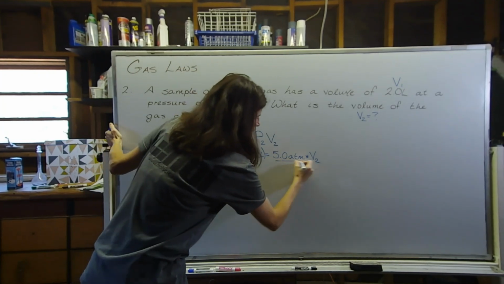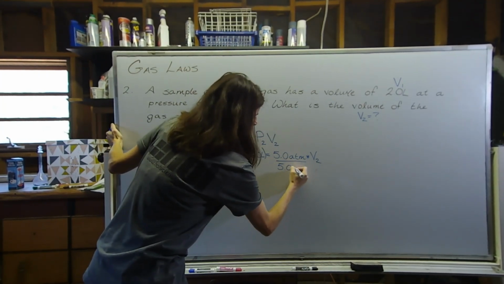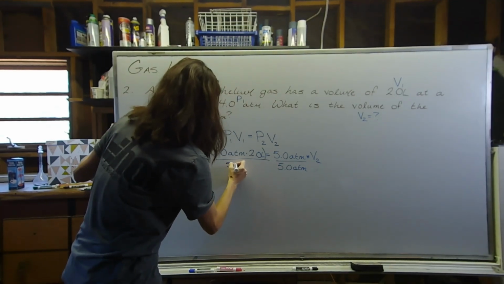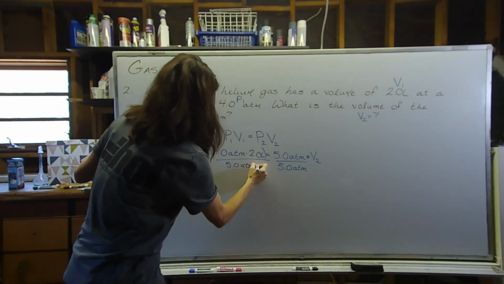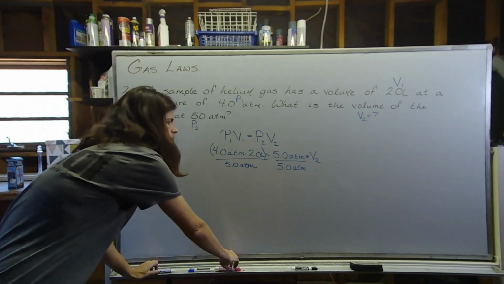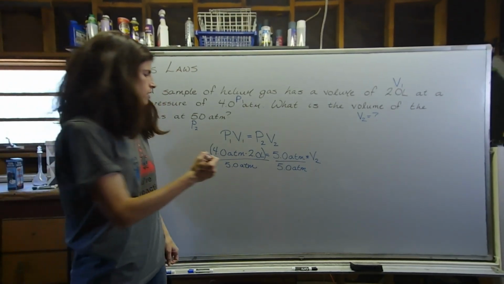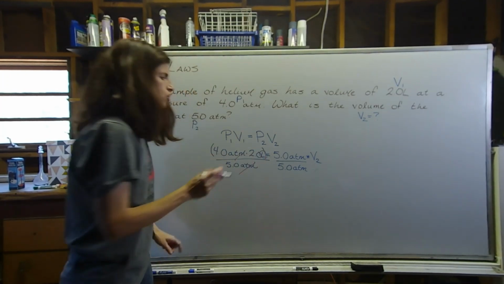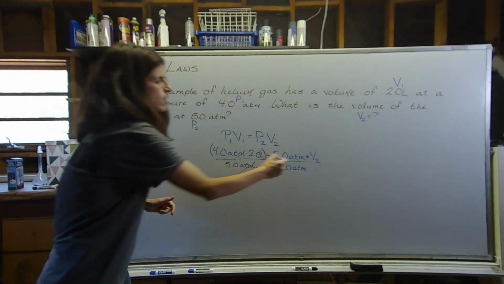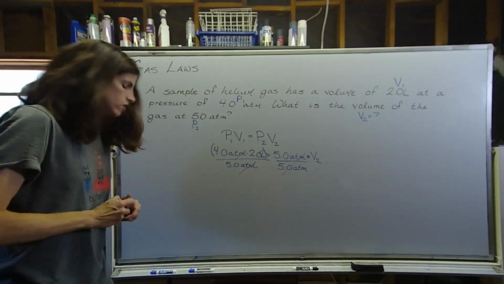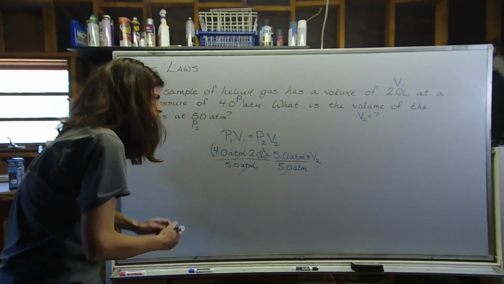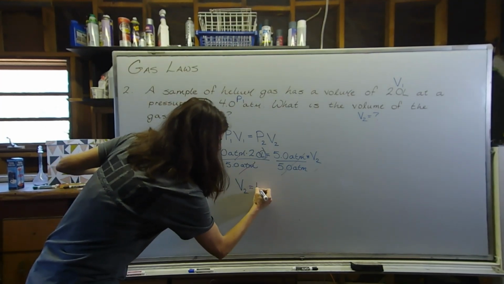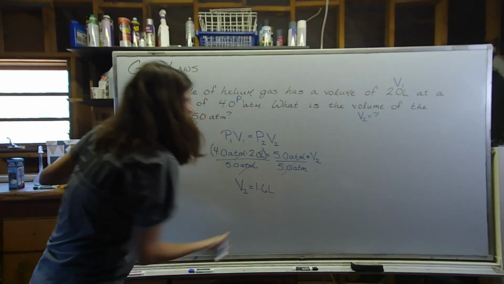And then since we're trying to isolate V2, we're going to divide each side by 5.0 atmospheres. Let's check how the units are canceling. Atmospheres will cancel with atmospheres, leaving us just with liters, which is perfect because we're trying to solve for V2. So V2 here winds up being 1.6 liters.